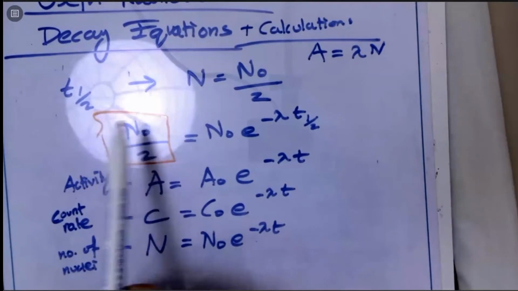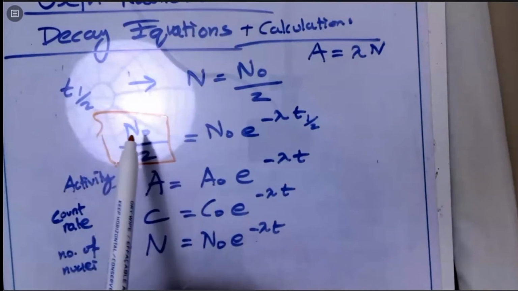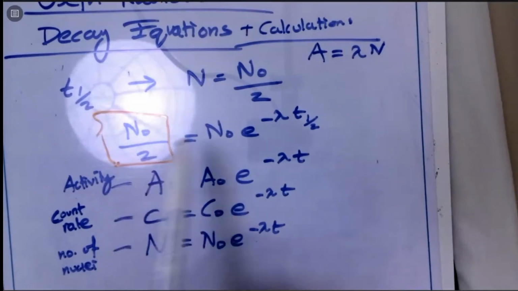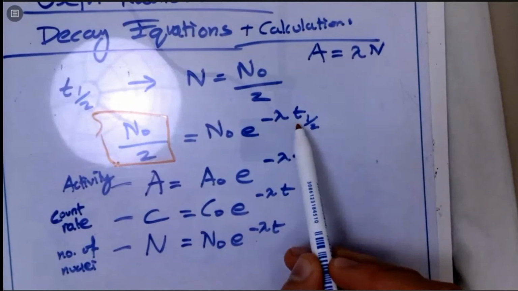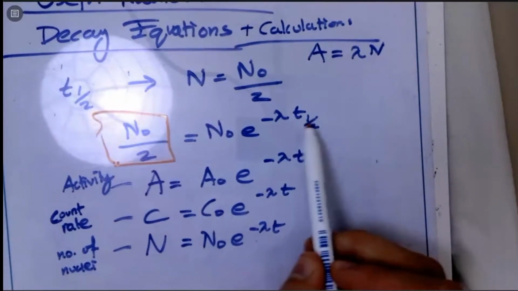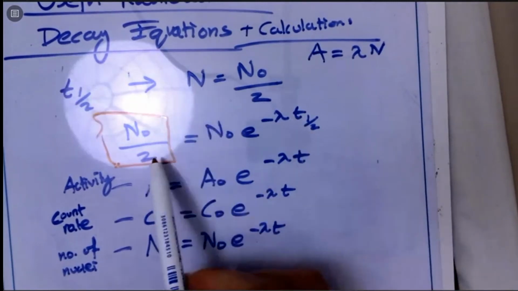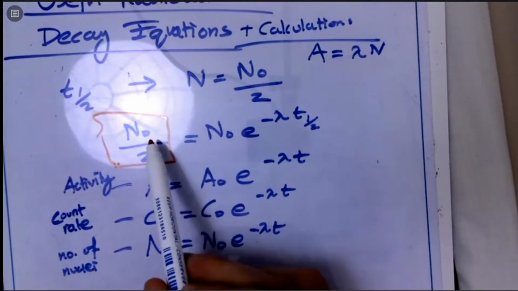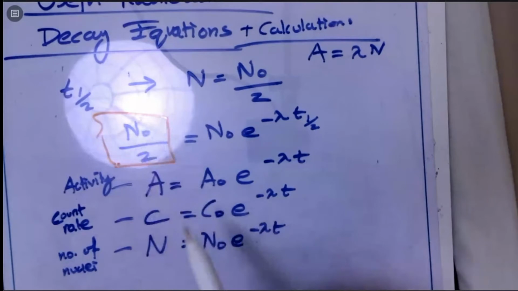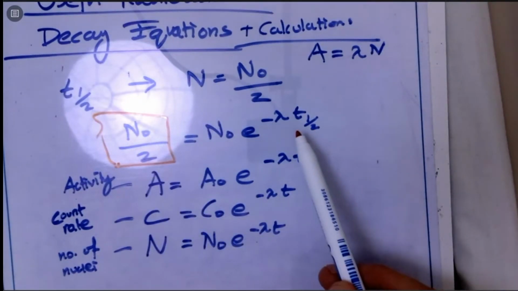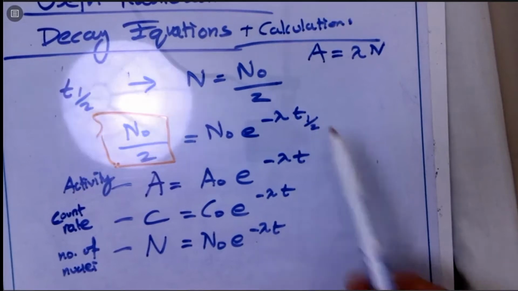Half of the original radioactive nuclei have decayed, or been reduced by 2, which means the second half is still the same. For our time interval, I'm putting a subscript half to denote the time period where this has taken place. So the number of the original nuclei has halved, and the time it takes for that is the half-life.